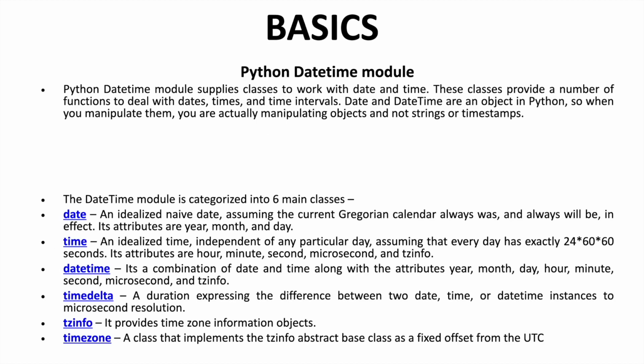First, you need to understand what is a Python datetime module. Python always stores inbuilt functions in its standard library. Datetime is one type of module in Python. We will call a standard library a module.